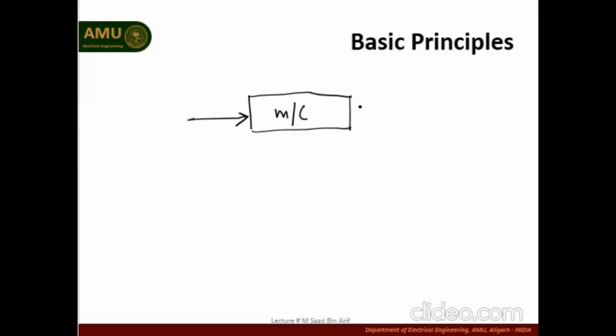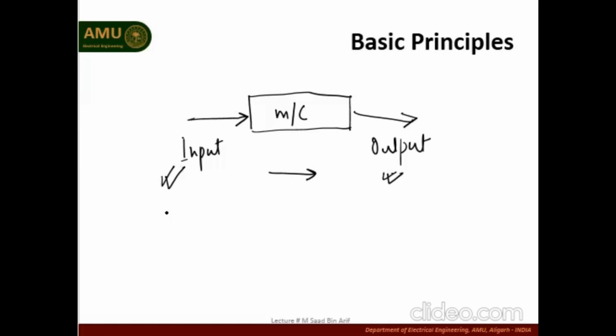which transfers energy from one side to another. This is the input side, this is the output side. In every machine we have certain input and we have certain output. Similarly, in case of transformer, it is an electrical machine in which the power is transferred from input side to the output side.